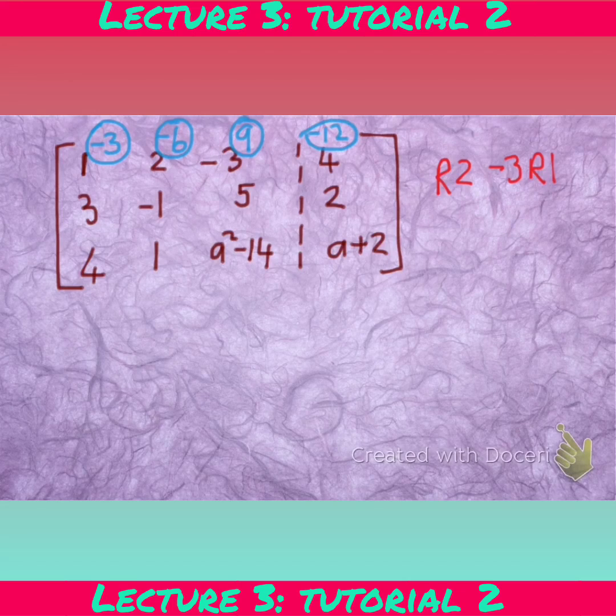Adding that to the second row, the first entry is 0, the second entry is -7. The next entry is going to be 9 plus 5, which is 14. And the last entry is going to be 2 minus 12, which is -10.